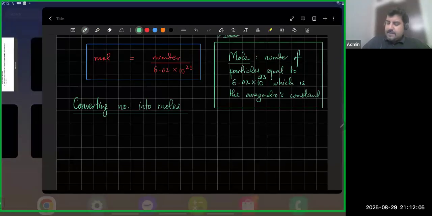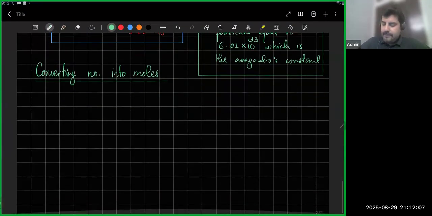Convert number into moles. So I've got 10 into 10 to the power 21 atoms.